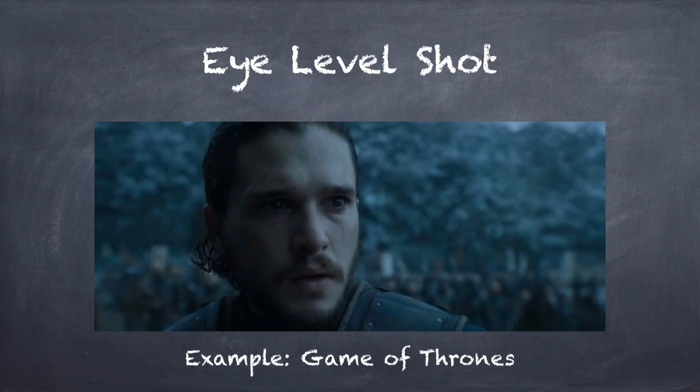This is the angle from which we actually look at people in real life, from eye level, and it doesn't show that you're superior or inferior. You may think that eye level is a very common way to look at people, but actually it is not a common way to film in a movie because it is too neutral.